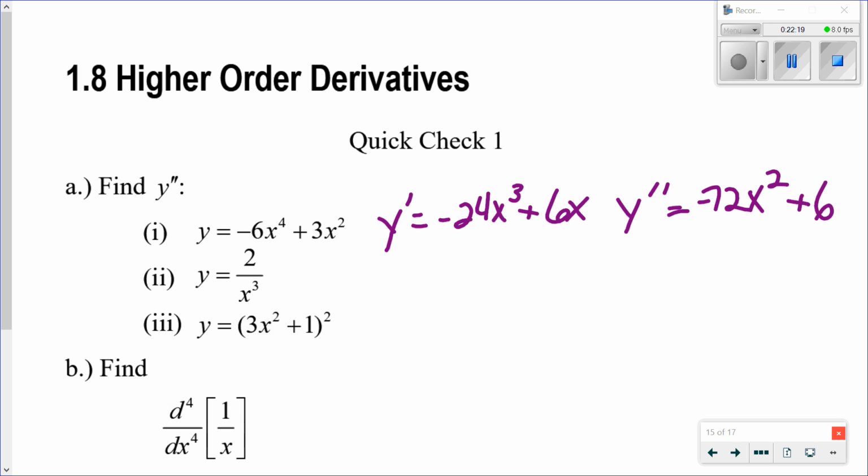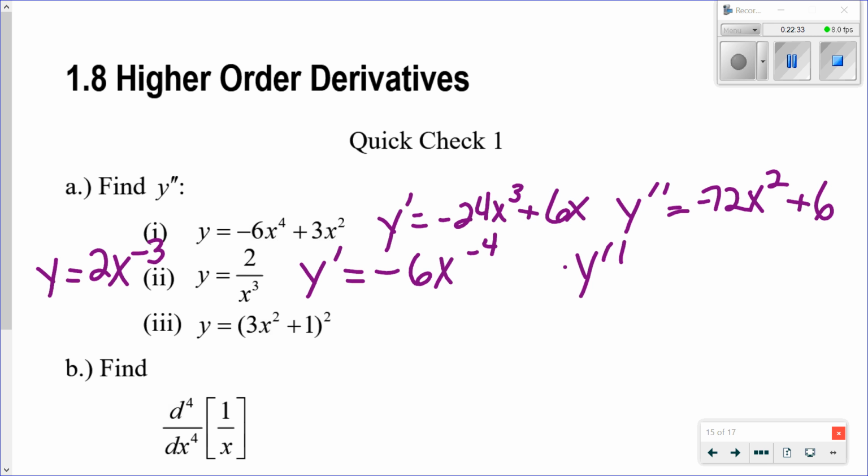On this one, we want to rewrite before we start, so we're going to have 2x to the negative 3, which means y prime equals negative 6x to the negative 4, and y double prime equals 24x to the negative 5.